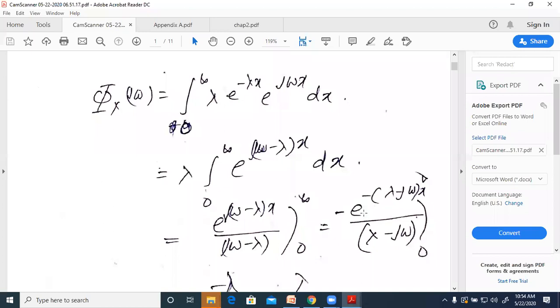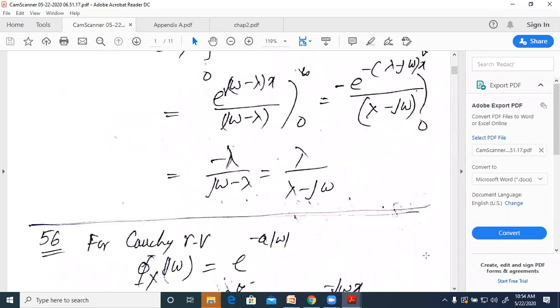So that is equal to minus lambda divided by lambda minus j omega, after rearranging. If you substitute the value of infinity over here, you will get 0.